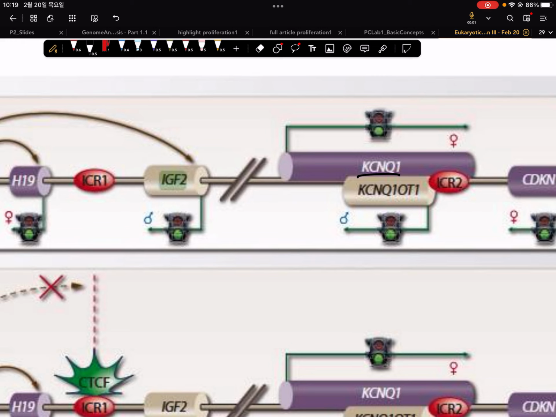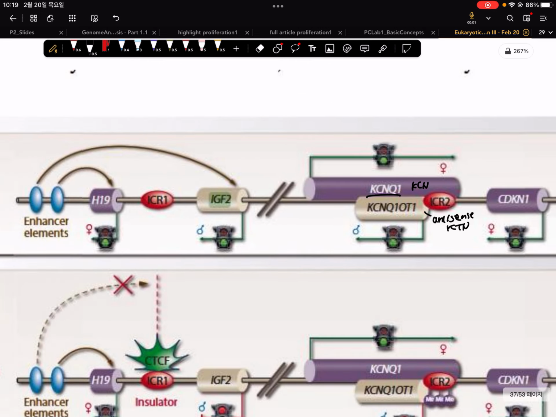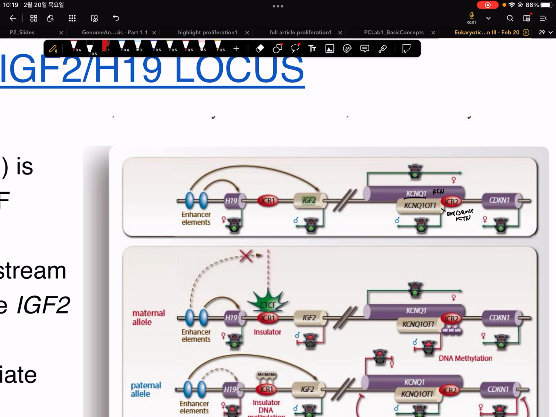I will say KCN to make it a bit simpler, KCN and the antisense of KCN. Because this here is a coding gene, but this is not coding for a protein. It will code for an RNA that is antisense to the other one, and so can inhibit expression of the other one. And then here you have CDKN1.